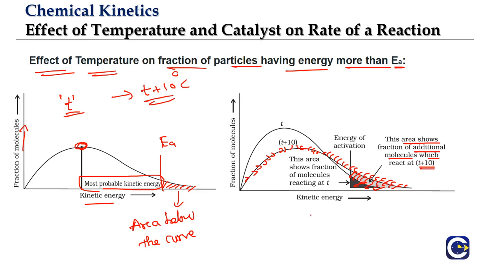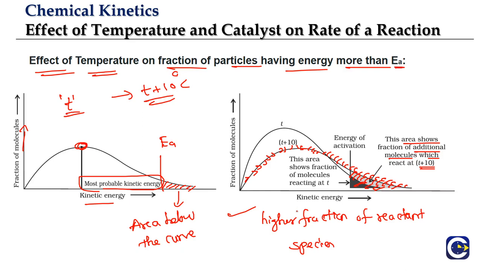As a result, we are now going to have a higher fraction of reactant species having energy more than activation energy. This means that many more particles are now going to lead to the formation of product. So in a given time we are going to get more product, and hence the rate of the reaction will be higher.